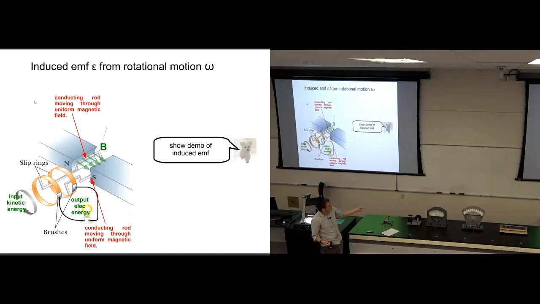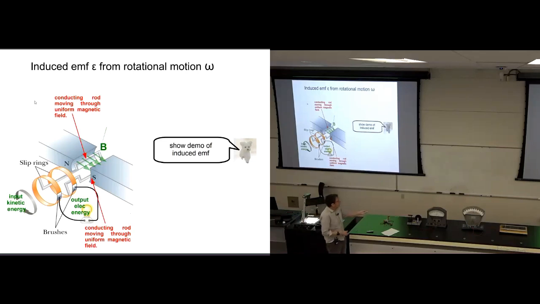In that magnetic field, I've got a loop of wire. Now this might be a loop of wire, might be 10 or 100 or 1,000 loops of wire. If I rotate this loop of wire in that magnetic field, what's going to happen? The flux through the loop of wire is going to change.